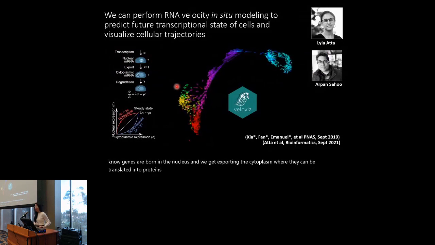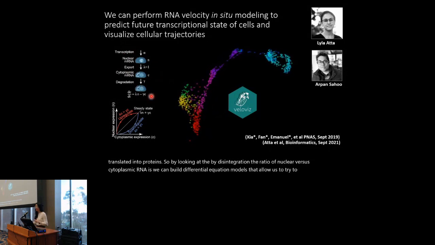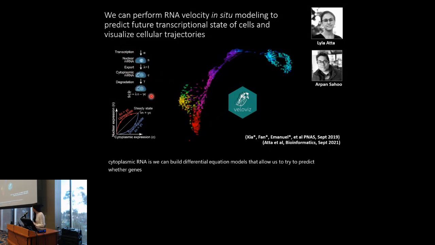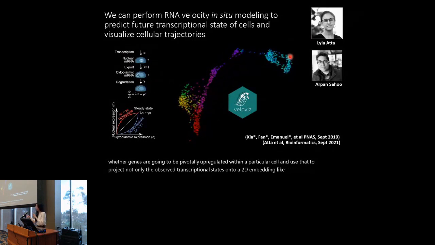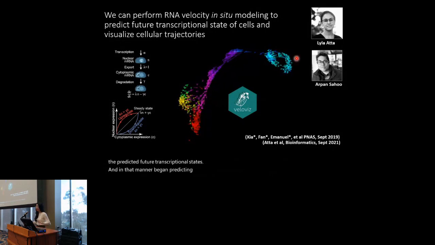So by disentangling the ratio of nuclear versus cytoplasmic RNAs, we can build differential equation models that allow us to try to predict whether genes are going to be putatively upregulated within a particular cell, and use that to project not only the observed transcriptional states onto a 2D embedding like a UMAP, but also the predicted future transcriptional states, and in that manner begin predicting temporal trajectories, for example. And again, this is published work, so I encourage you to check it out if you're interested in learning more.